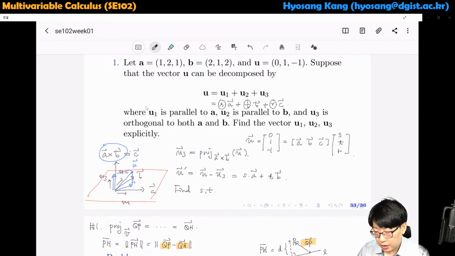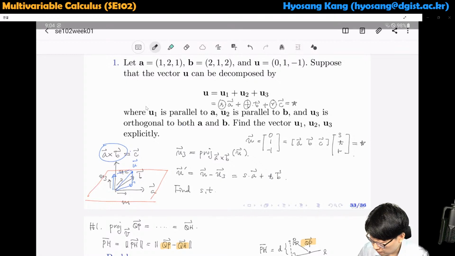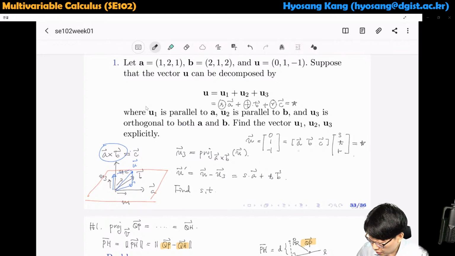So if you multiply this row of vectors with this column of scalars, then you get this expression, the star one. However, we wrote these three vectors as column vectors. Okay, so in reality, this a, b, c set of vectors is actually a 3 by 3 matrix.